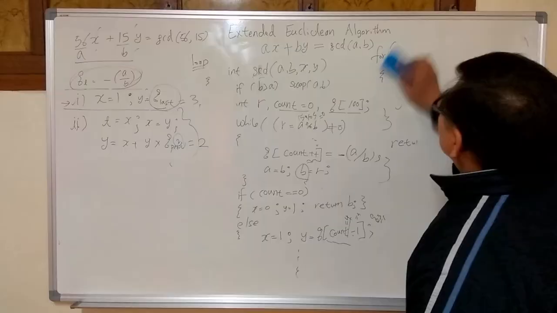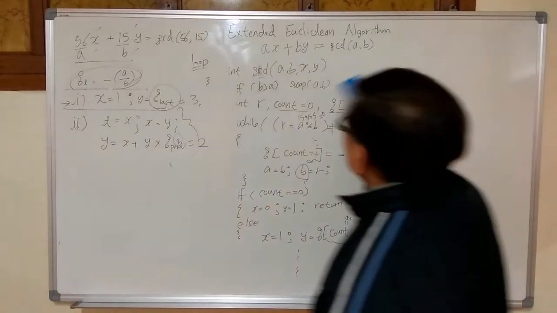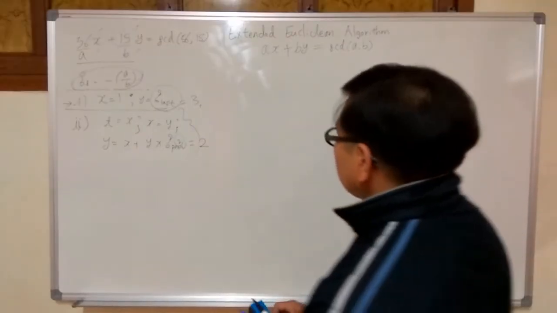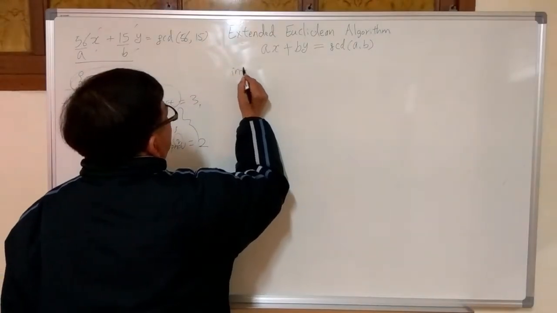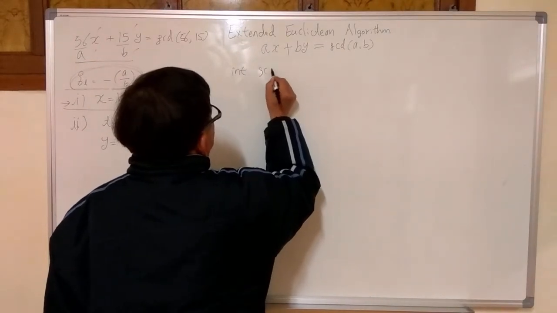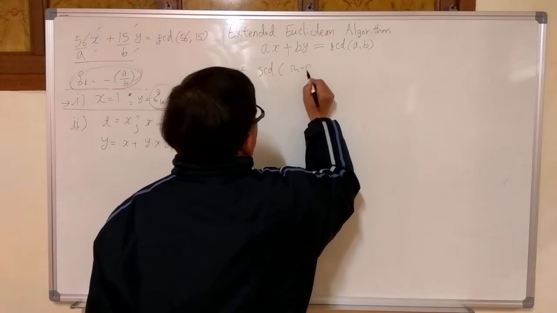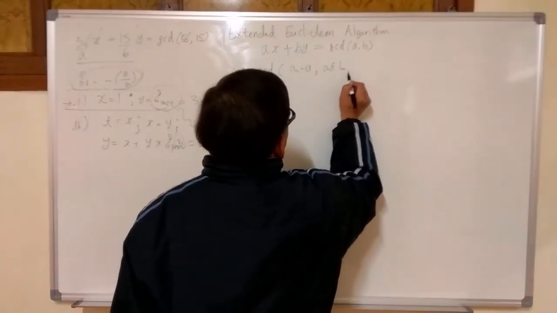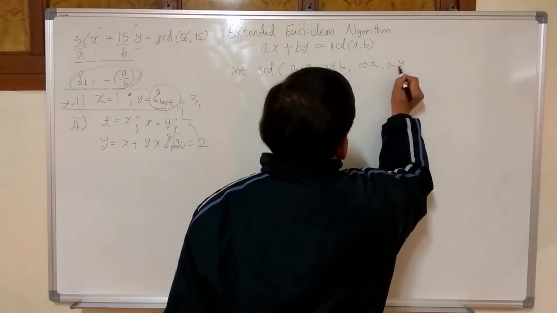I'm sorry. Now I explain the same thing using a recursive function call. It will be something like this: int gcd, int a, int b, int x, int y.